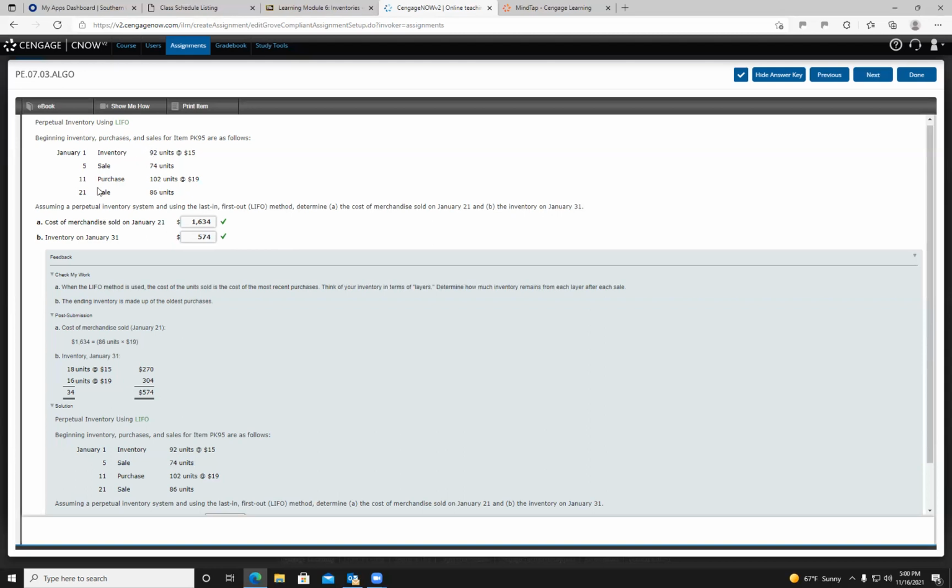And the sale on January 21st came out of the inventory we purchased on January 11th at $19 per unit, because these were our last items purchased, and therefore they became the first items sold. So we take what was left over under each inventory and do the math, which we did down here, to determine the ending inventory balance of $574.